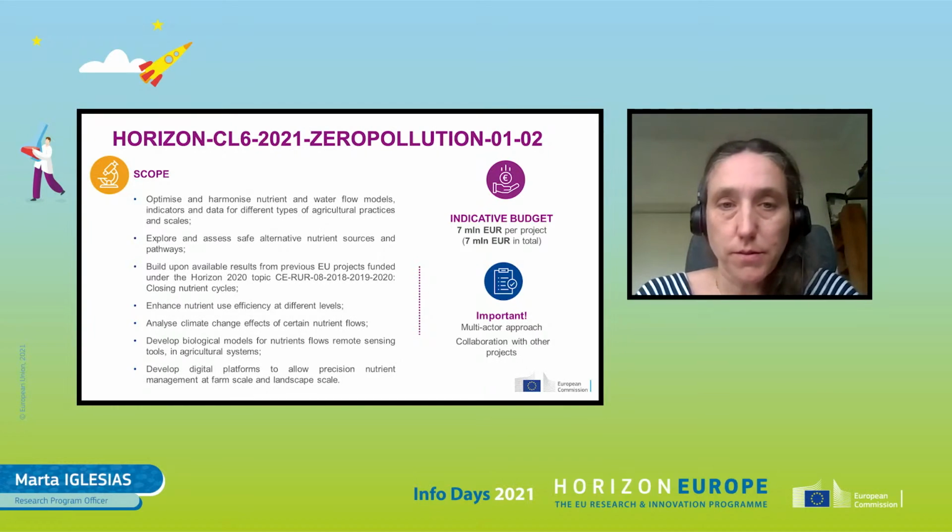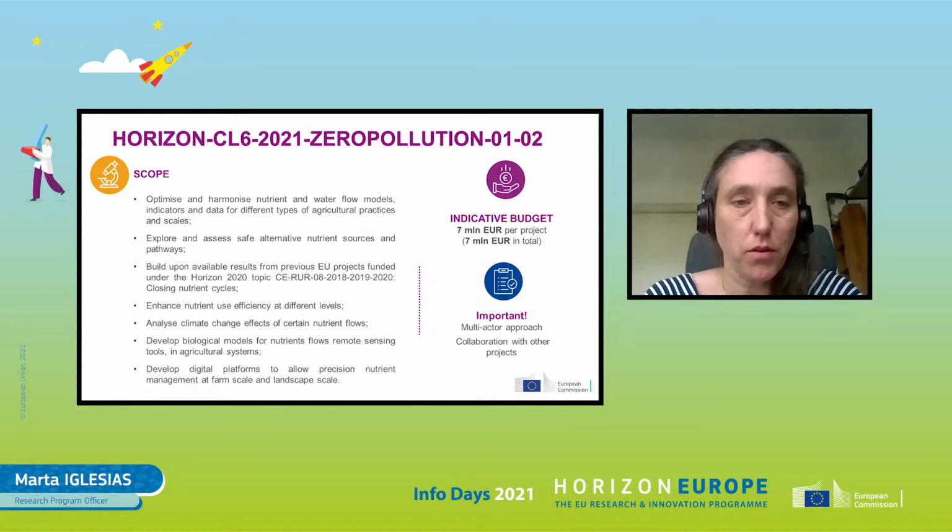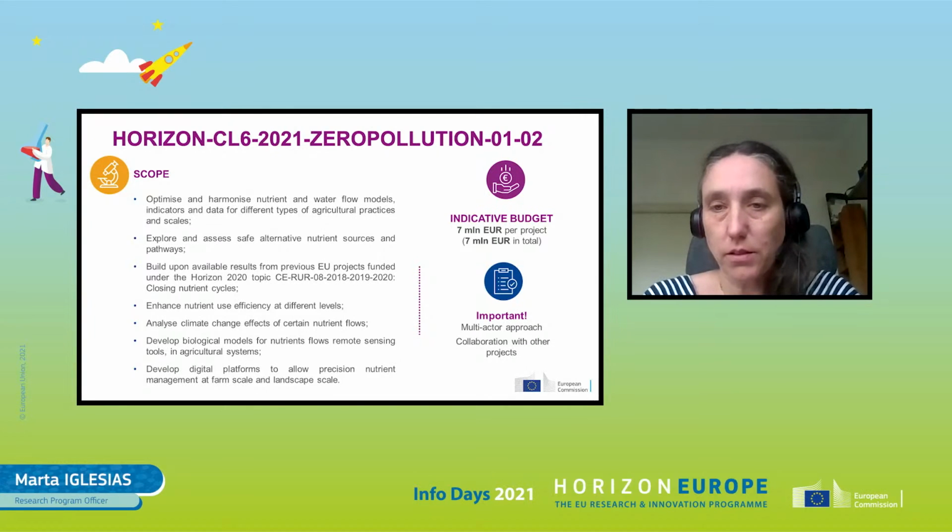However, there are substantial knowledge gaps regarding the measurement and understanding of the impact of nutrient flows in different farming practices at various scales, from local to global, and the capacity to model those impacts. Proposals funded under this topic are expected to optimize and harmonize nutrient and water flow models, providing indicators and data for quantification and assessment to prevent or reduce environmental pollution caused by nutrients across sectors for different types of agricultural practices and scales.